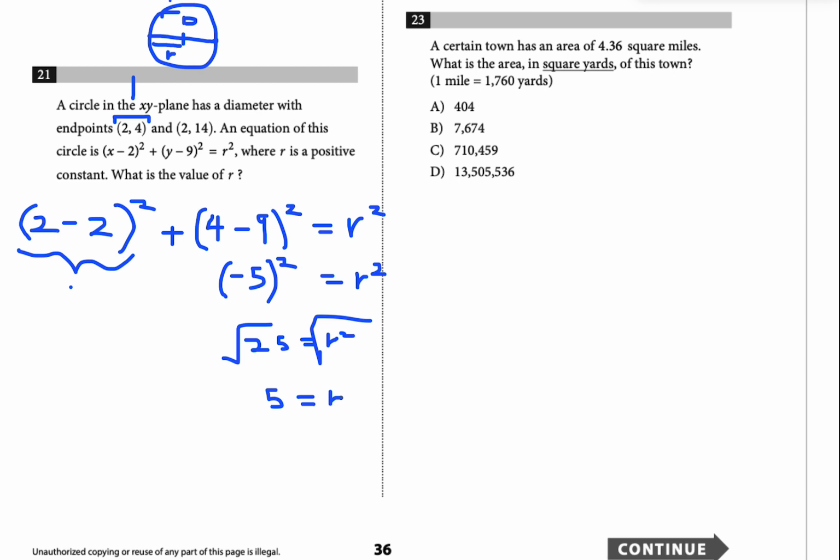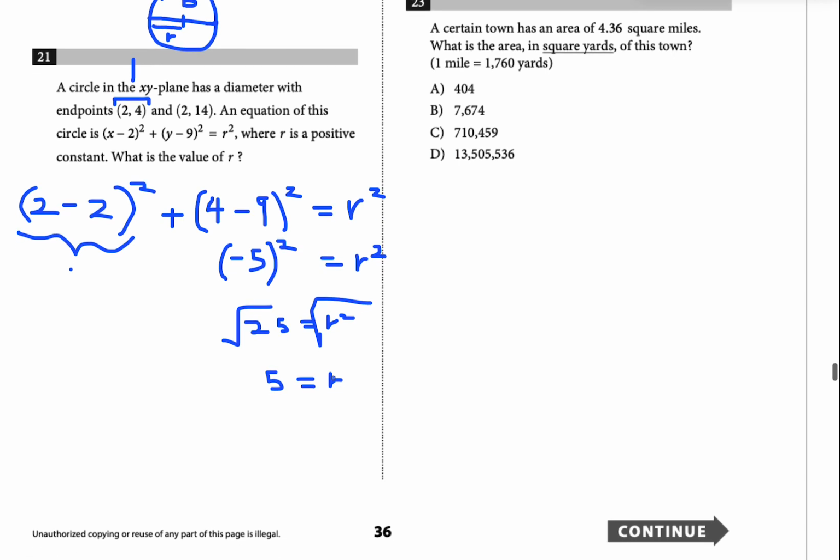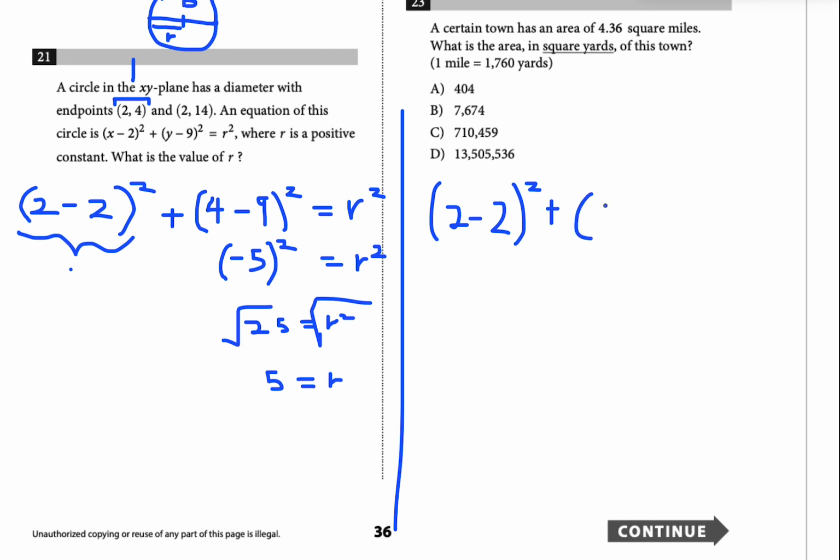So that's the first way of doing it. The second way would have been, if you plugged in either point, you would have gotten the same answer, quite frankly. So for instance, if we plugged in the second point, it would be 2 minus 2 squared, and then 14 minus 9 squared, is equal to r squared.